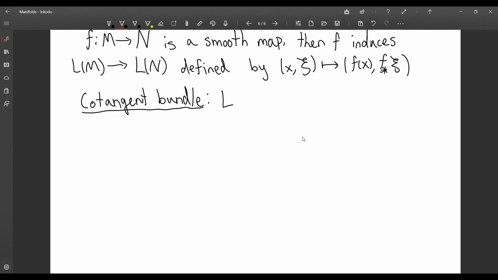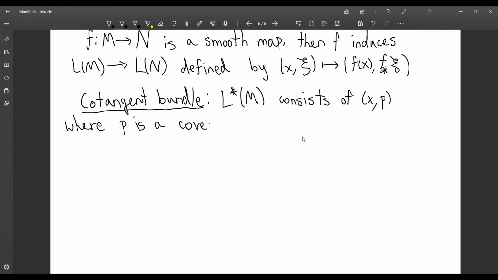So we denote this as L star of M, which consists of pairs x comma p, where p is a covector. And so really p is a differential form.